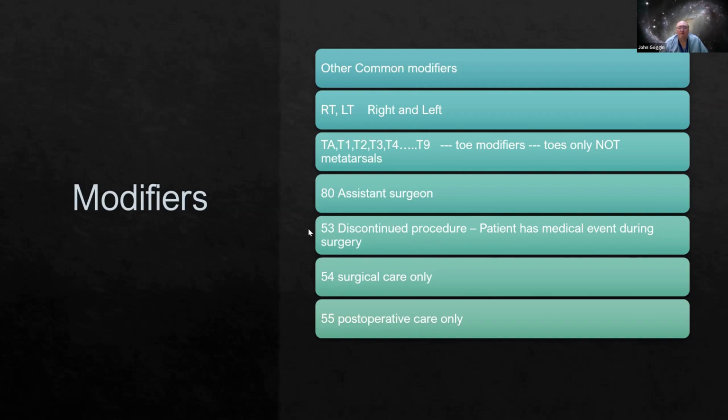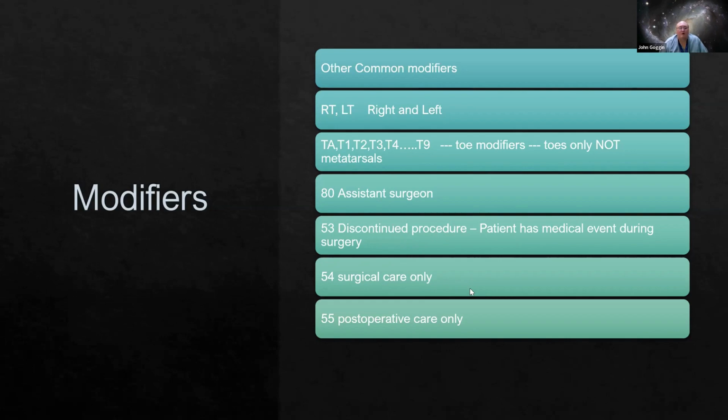Hopefully you don't have to use this code ever, but I actually had a colleague here locally not too long ago who was doing an I&D and a transmetatarsal amputation on a very sick septic patient, and they coded during the procedure and passed away, so he never finished his procedure. So that'd be a 53.